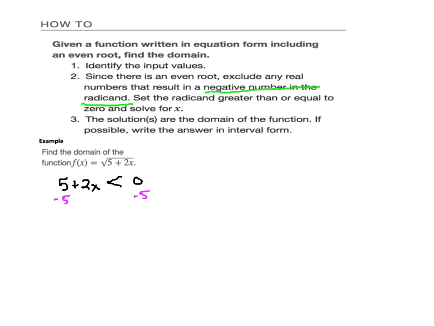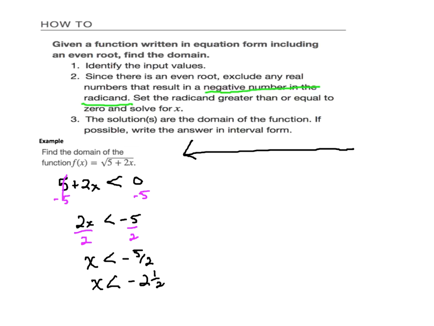So to solve, I subtract 5 from both sides, and I get 2x is less than negative 5, divide by 2. So this is going to happen when x is less than negative 5/2, which is the same thing as x being less than negative 2 1/2.